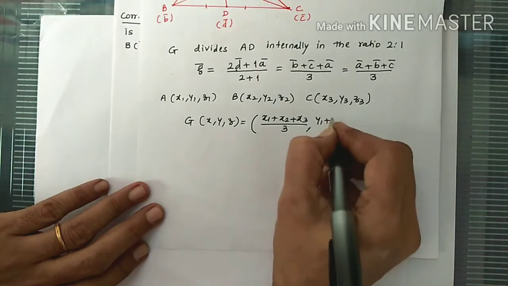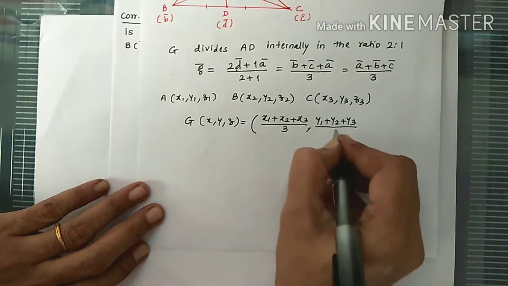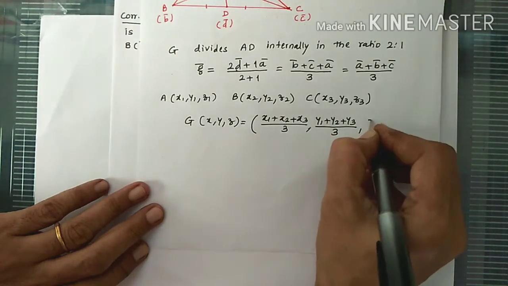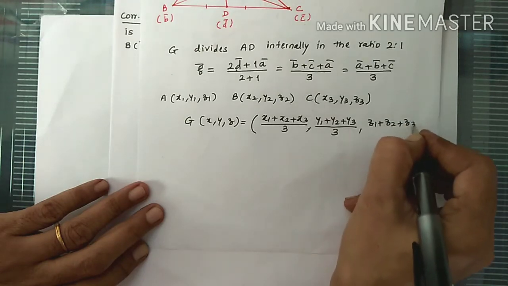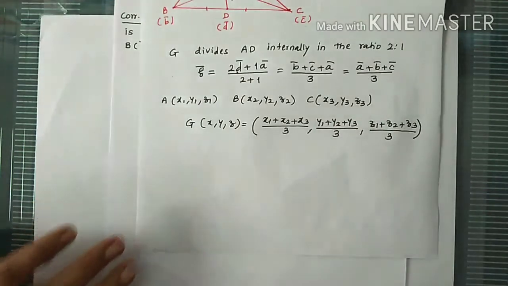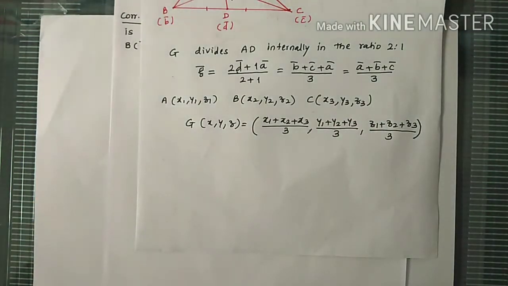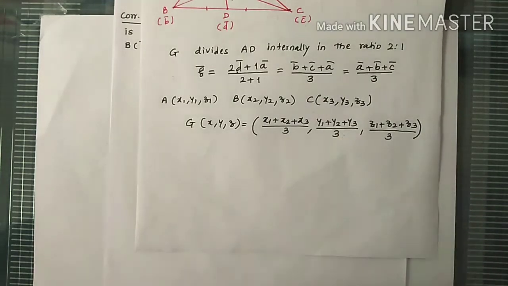For the y coordinates, add the y coordinates of the vertices and divide by 3, and to find the z coordinate, add the z coordinates of all the vertices and again divide by 3. So this is the centroid formula for a triangle. If it is a triangle, we have 3 vertices, so we have to divide by 3.